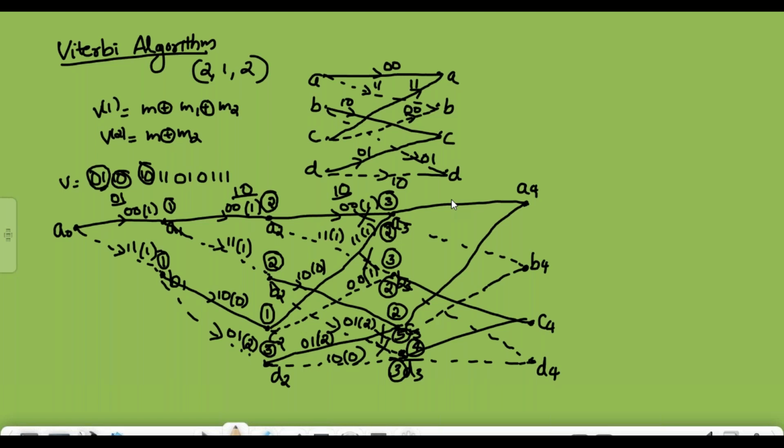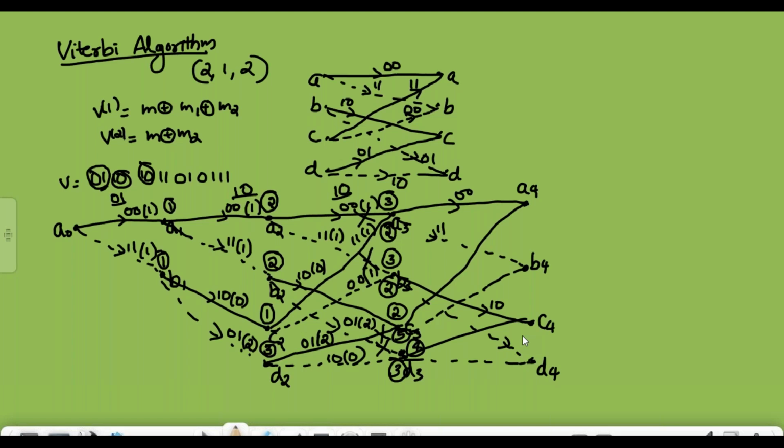Then along this branch 1. Here from D to C it is 0 0. Then from D to C4 it is 0 1. D to D is 0 along that branch. That is the complete trellis diagram.